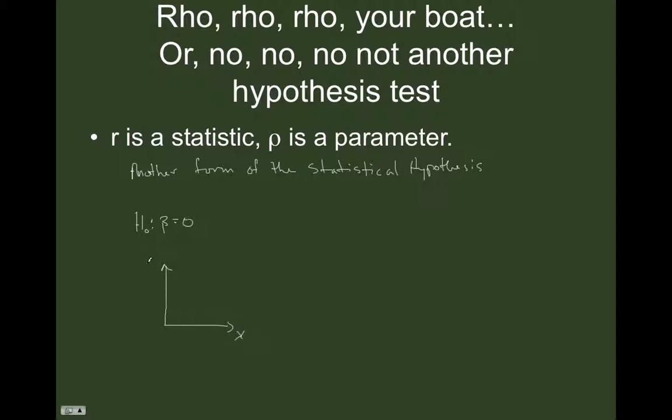That was the situation where the line that fit the data the best theoretically would be a horizontal line. But notice that that same scatter plot that would indicate a horizontal line for the best fit line also corresponds to the data set where there's no linear relationship. So it turns out that beta equals 0 or rho equals 0 are equivalent null hypotheses.